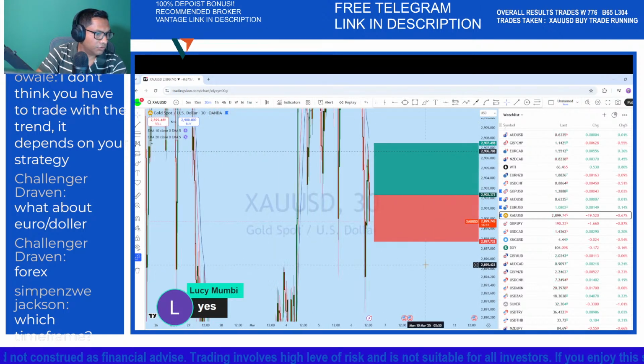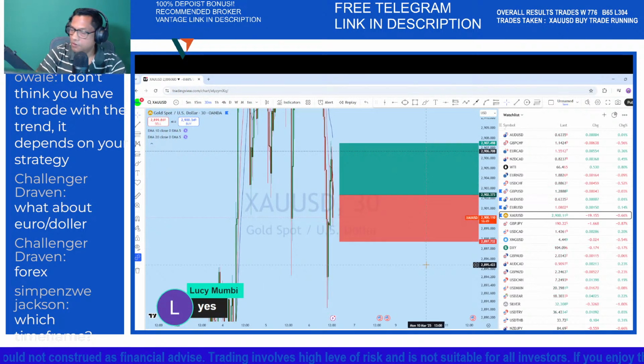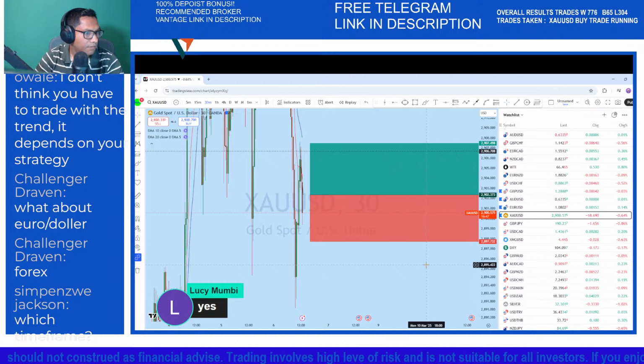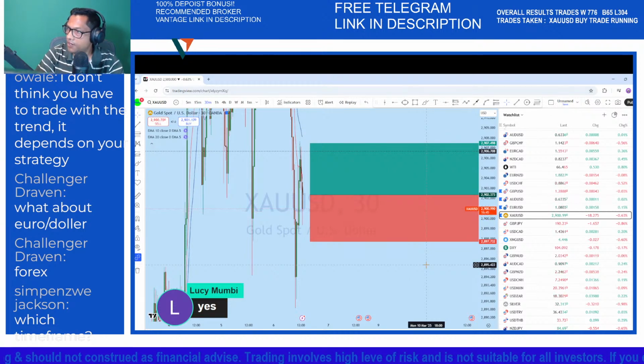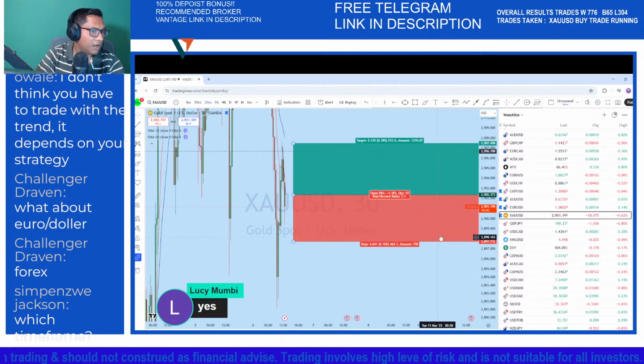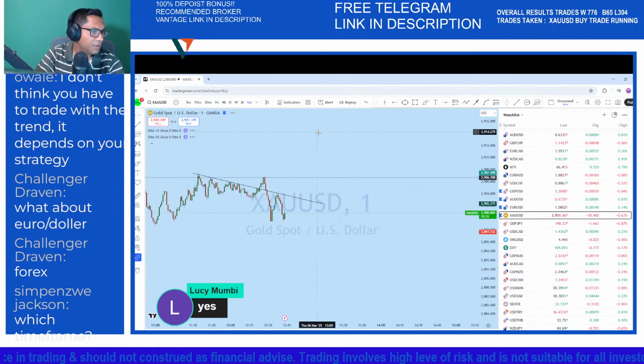It's really a little bit interesting here. The market has come back. Like to see that bounce back up. We see that there is a bounce back up.